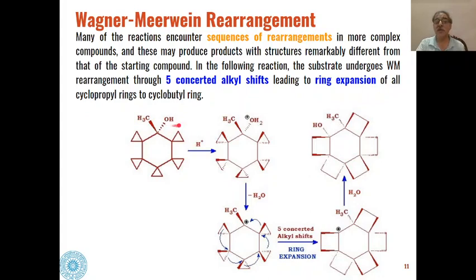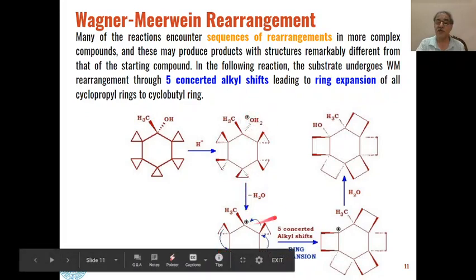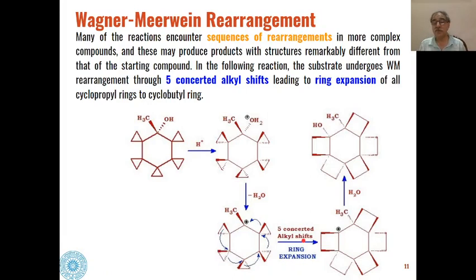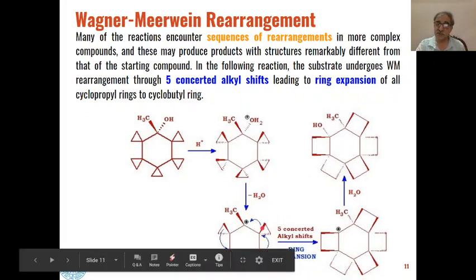The H ion will add to this, OH2 positive will be formed, and this OH2 positive will lose a water molecule, and a carbocation of this type will be formed. This carbocation will undergo 5 concerted alkyl shifts, as has been shown by the arrows. In the first place, this bond will shift to this place, and the 3-membered ring will become 4-membered.